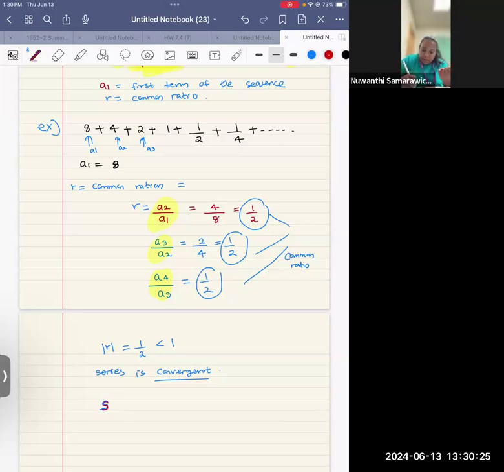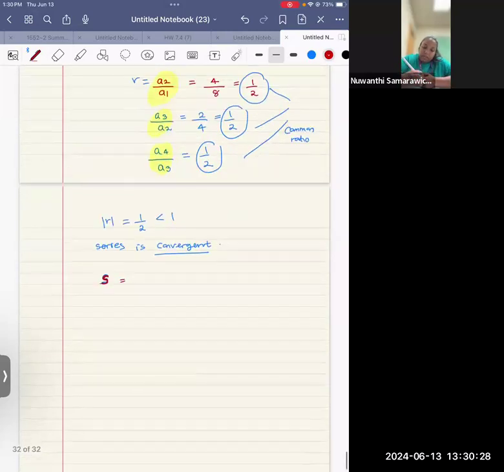What is the sum? It means the sum of the infinite series.